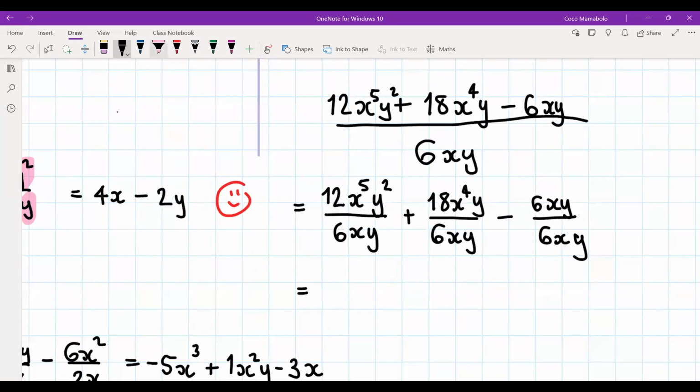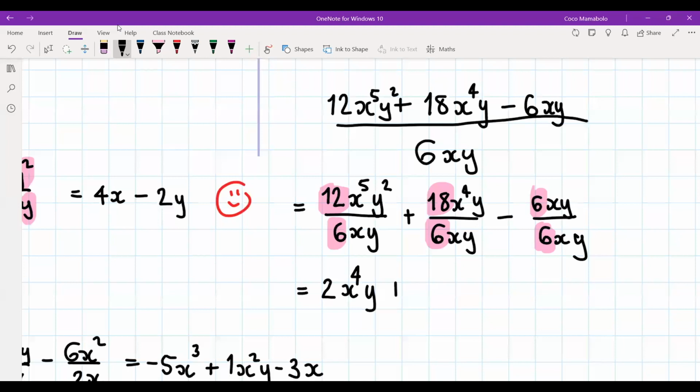Tell me, what are we going to get? 12 divided by 6. How many sixes are involved? It's 2. We are dividing. So it's 2x to the power 4 y.